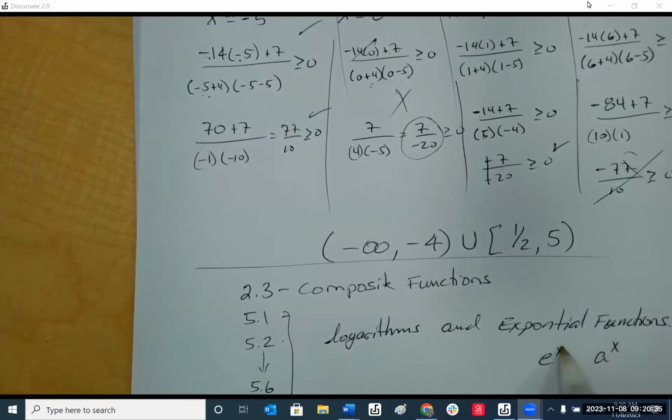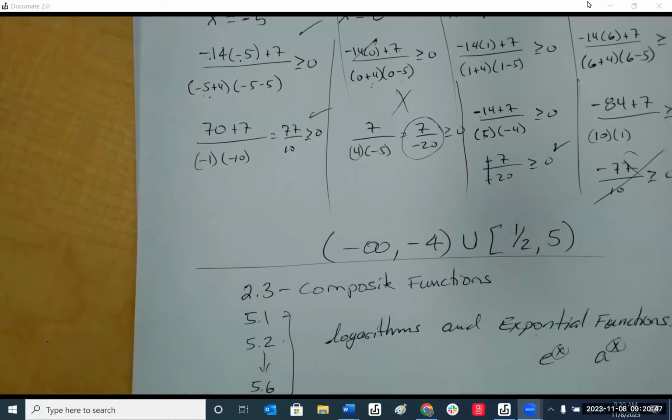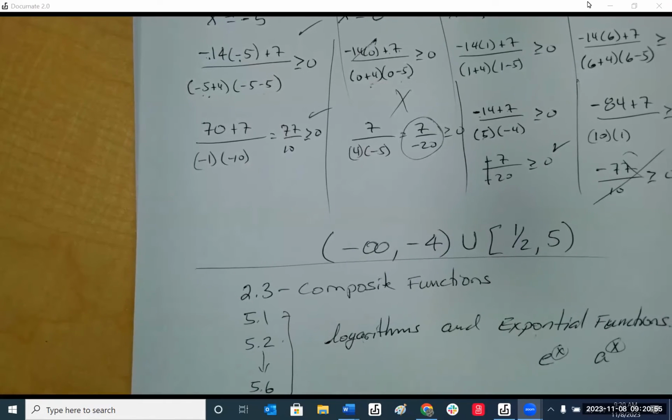In this chapter, the variable will be the exponent now. Up until now, it's always been the base. And a beautiful thing, these two are inverses. They're opposites of each other, like multiplication and division. Once you see the structure of these things, it all falls into place pretty quick.